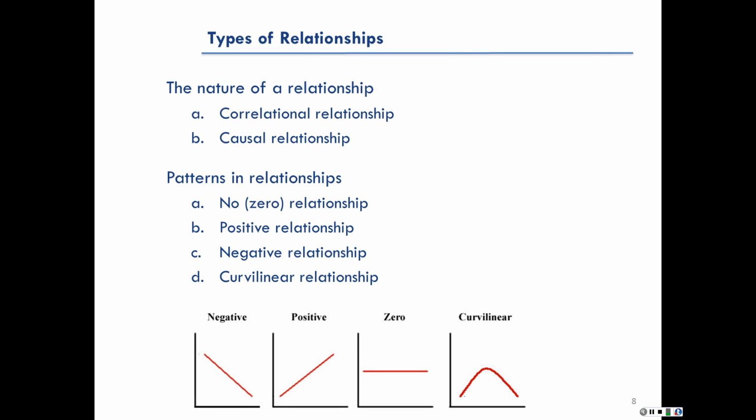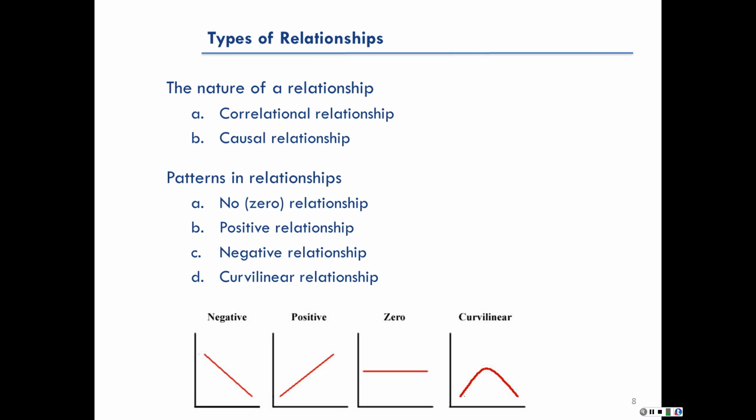If there were no relationship between the 2, then you would see that flat horizontal line. Another option is a positive relationship. As x, the independent variable, increases, then y, the dependent variable, increases. That would be the line increasing on a 45-degree angle from the point of origin.